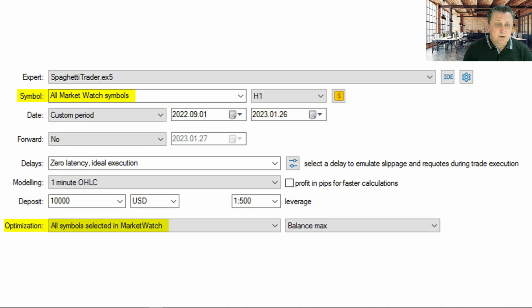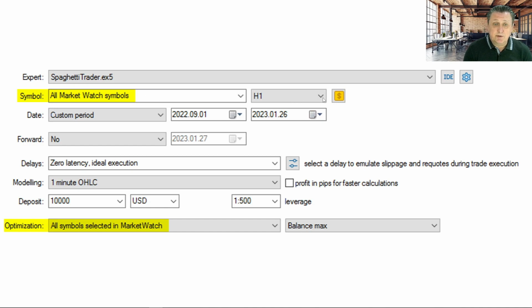Now in here there's also a second test. So once you have basically set up your Euro US dollar and you have some settings that you can use, then you can go in and test them against all 28 currency pairs, which is also something quite unique just for the MT5 platform. MT4 does not have this. And you can then choose the symbols, all market watch symbols.